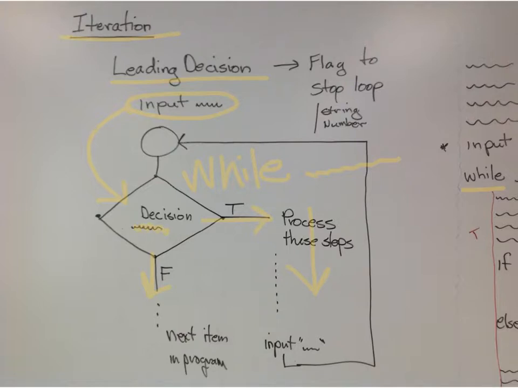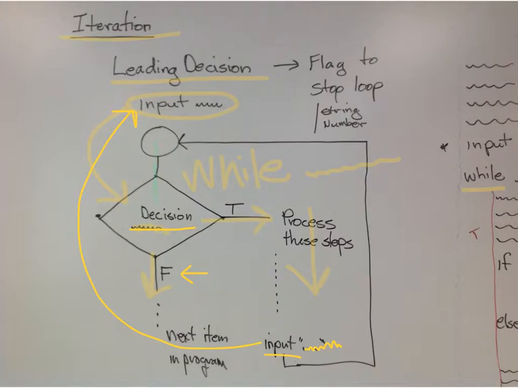Now you notice here I added another input down here. That could be similar to this input up here, if not almost the same, and some message in there telling what to put in to cause this loop to turn to false. So this could function, if you think about it here.